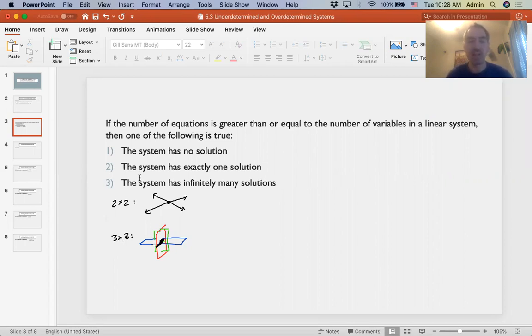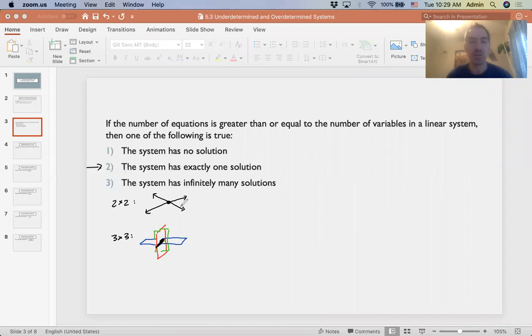The 2 cases that I've listed here satisfy the second part, that the system has exactly 1 solution. When we talk about the number of solutions, we're talking about the number of ordered pairs in the intersection of our 2 things, whether we're talking about equations or planes.